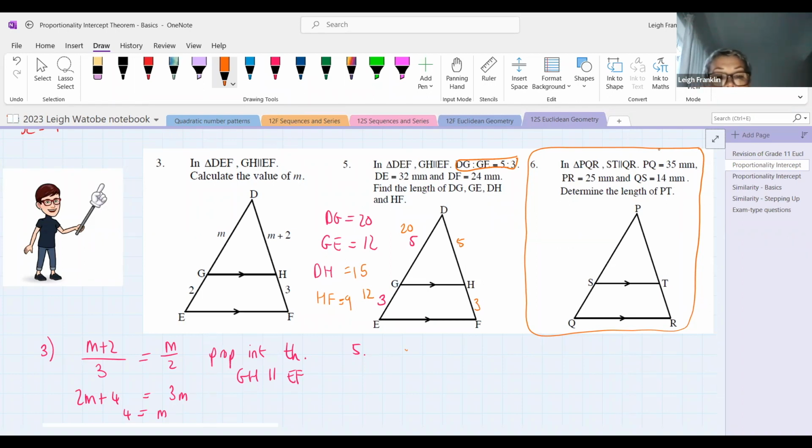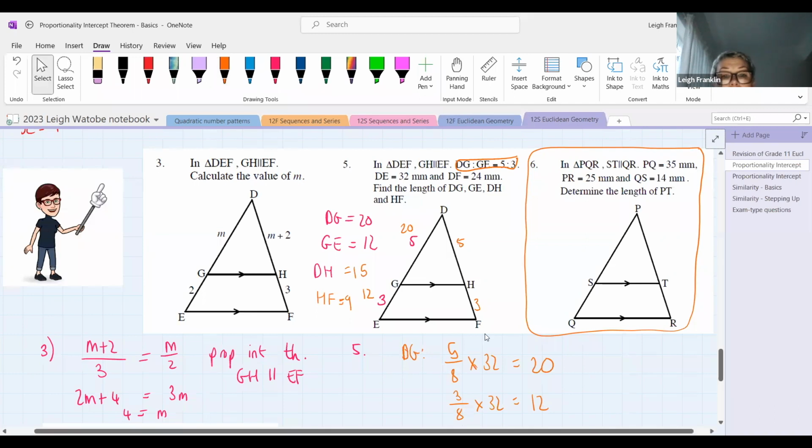So this is like sharing in a given ratio. DG represents 5/8 of the length of DE. So 5/8 of 32 would give us 20. Similarly, GE would be 3/8 of 32. So that's why it is 12. We didn't necessarily need the proportionality intercept theorem to do that.